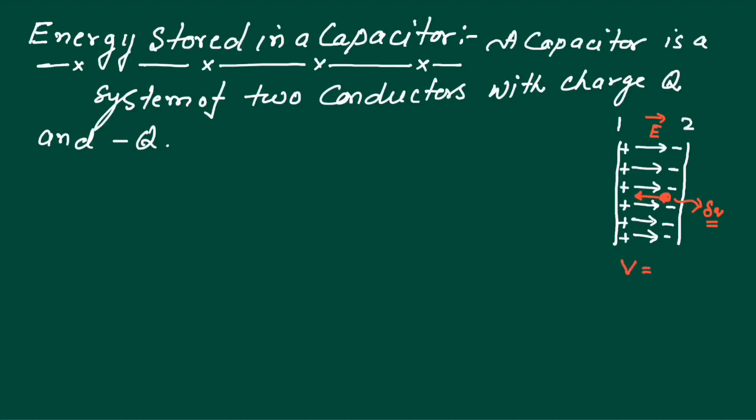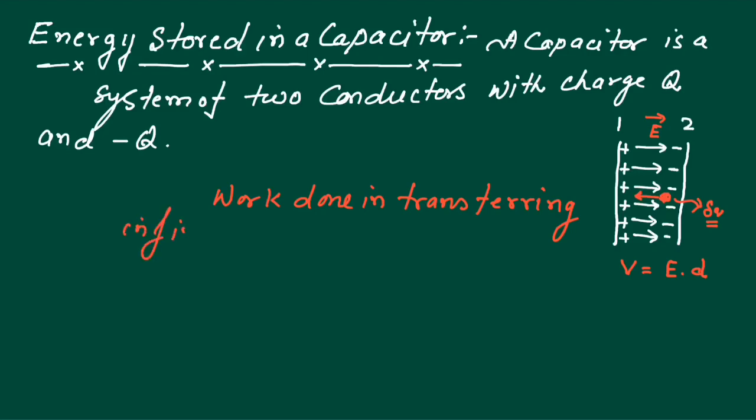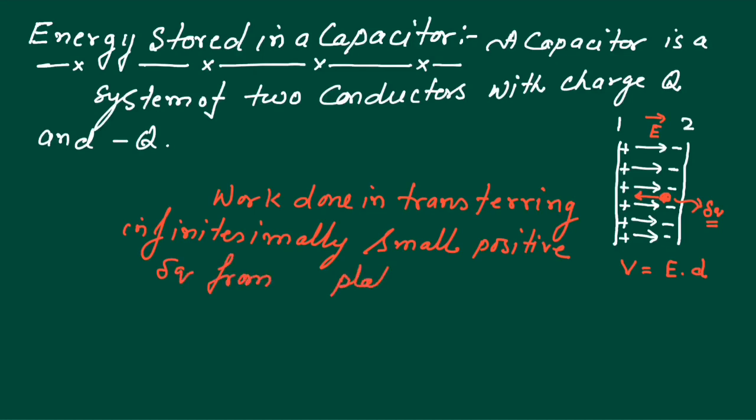Potential V equal to, we know this very well, E into D. Therefore, work done in transferring an infinitesimally small positive charge delta Q from plate 2 to plate 1 of the capacitor.